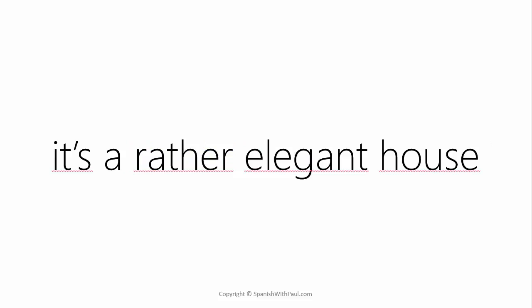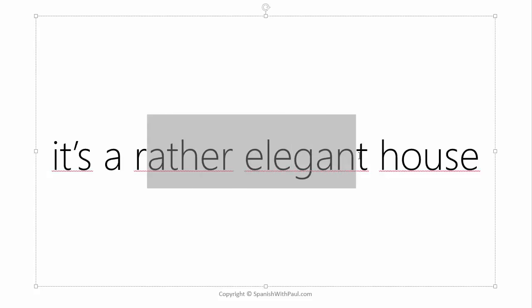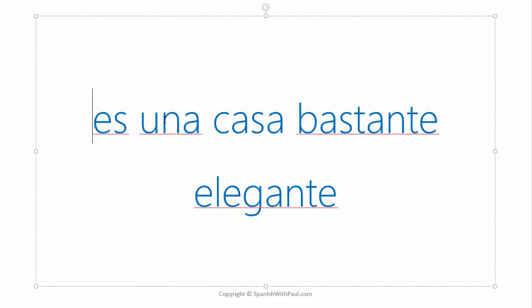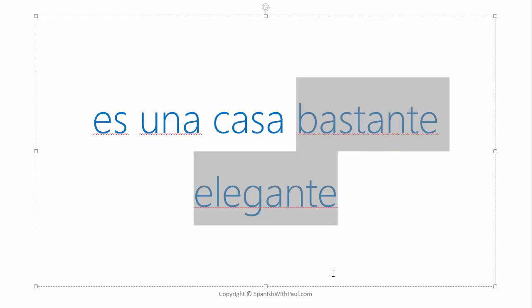If we go back to the previous question, we have, it's a rather elegant house. First in Spanish, we must say it's a house, and then we describe it. We say something descriptive about that. That's why we had the word order as es una casa, so that's what it is. And then we have our descriptive thing here, bastante elegante.